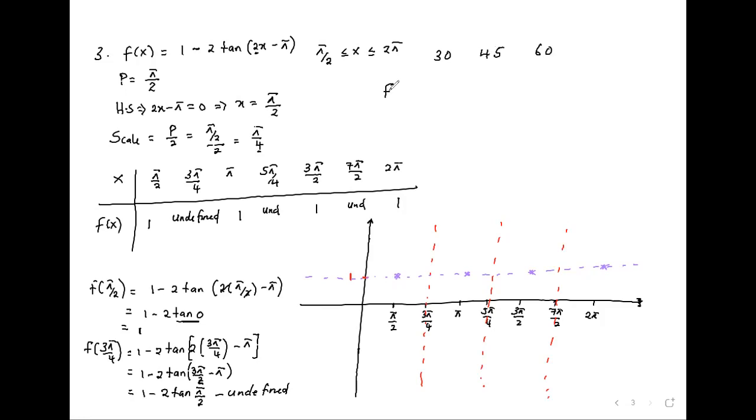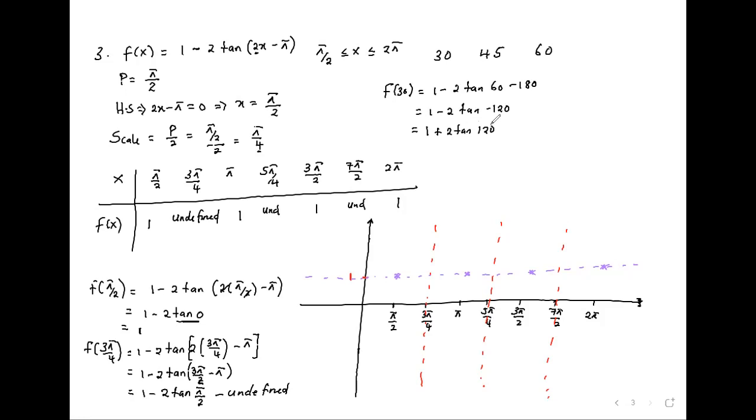So if we do f of 30, that will be 1 minus 2 tan of 2 times 30 minus 180, that is 60 minus 180. So we're getting 1 minus 2 tan of negative 120. Then if you bring that negative outside, you have 1 plus 2 tan 120.